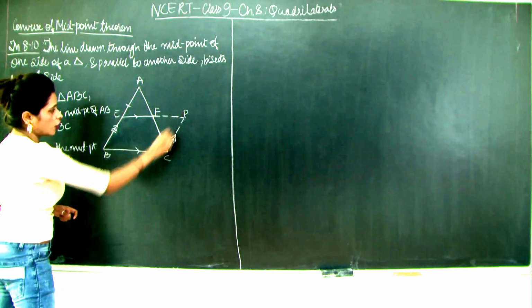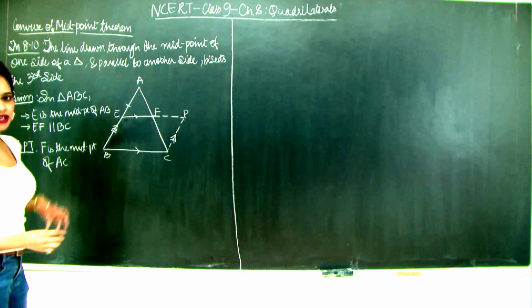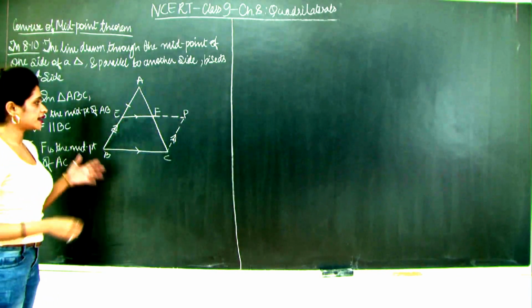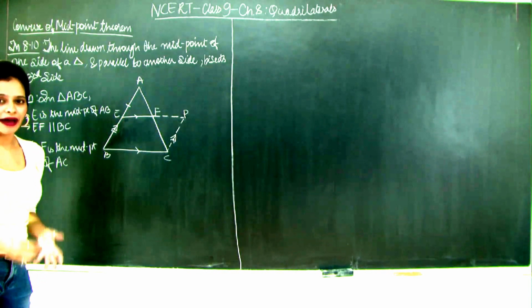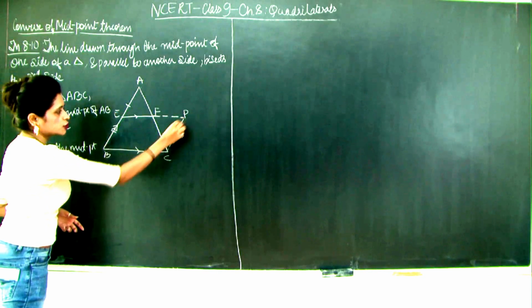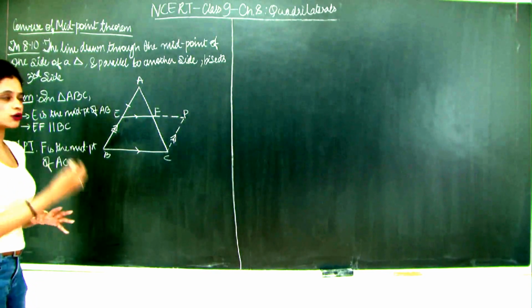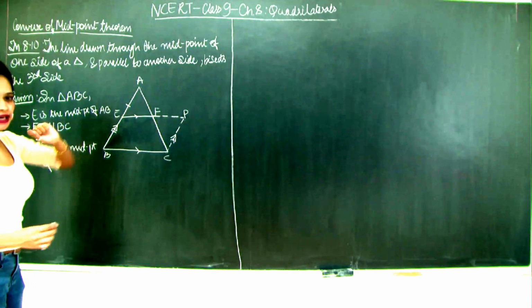Now, since the opposite sides of quadrilateral EPCB are parallel, what can you say? That quadrilateral EPCB is a parallelogram. Therefore, EB is equal to PC. Let us write this much with the construction, and then we will go about proving this theorem.